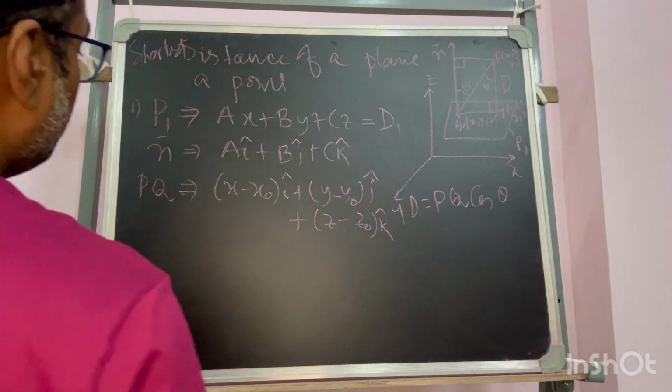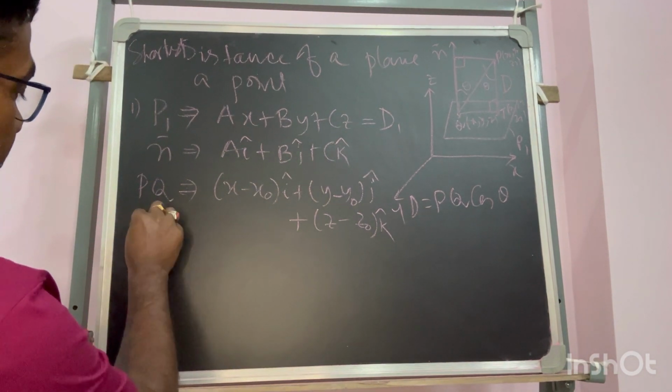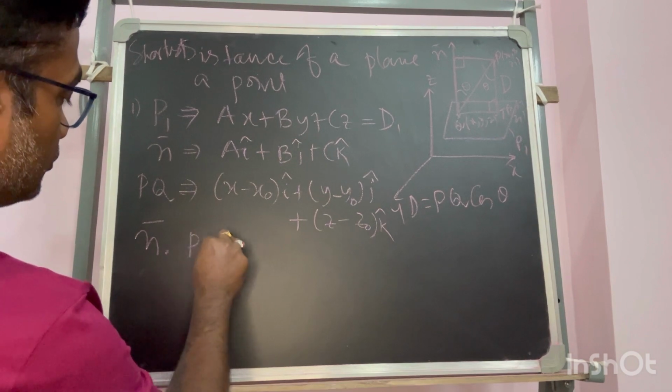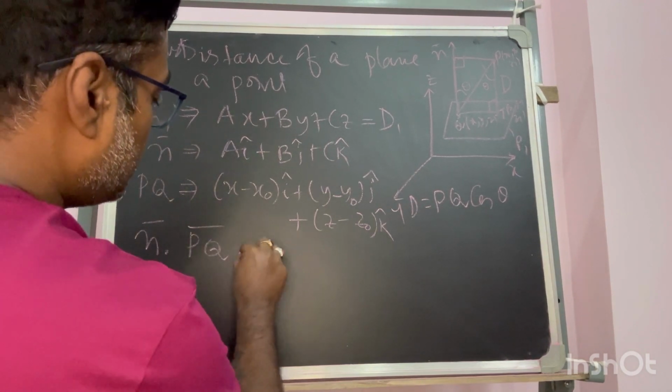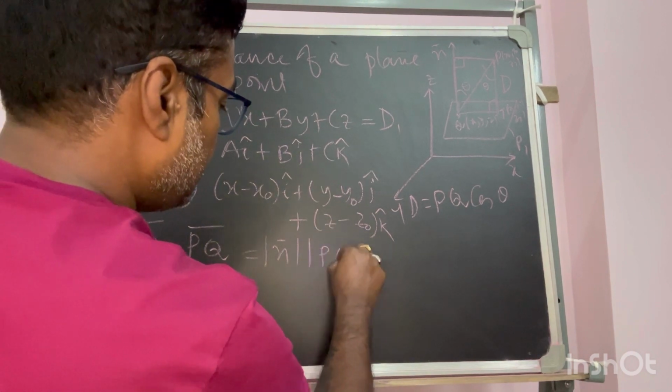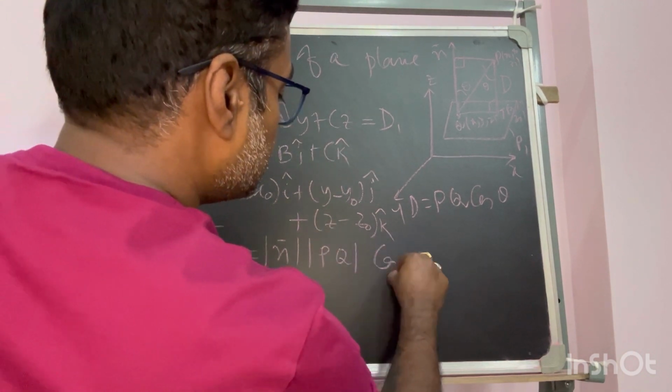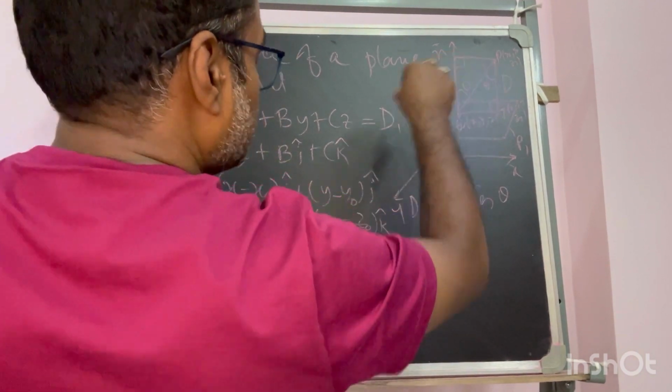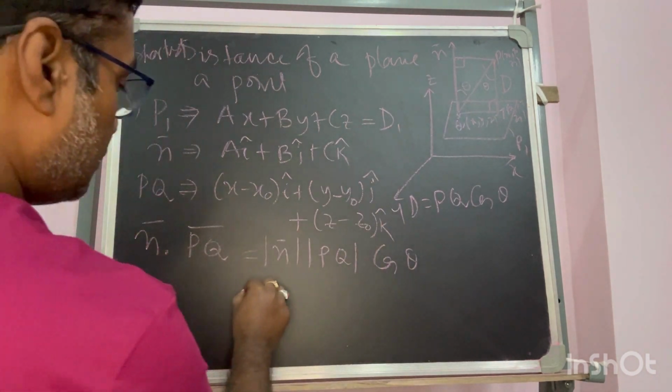Fine. Now if I take the dot product of the vector n with PQ, it is nothing but the magnitude of n times the magnitude of PQ times cos theta, the angle between them. So what is this?